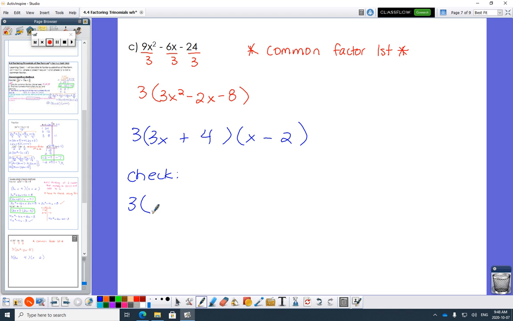So 3 times x, 3x squared, 3x minus 2 times, negative 2, that's where you get the negative 6 to give us a negative term up here, okay? Sorry, I just skipped a step.